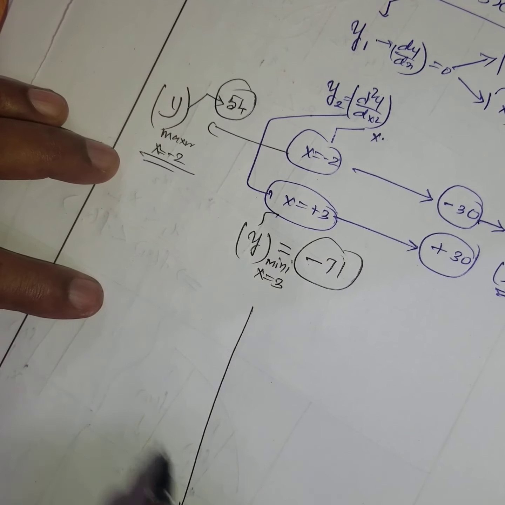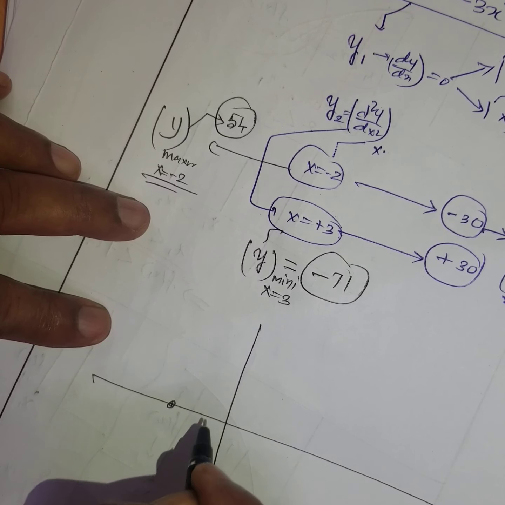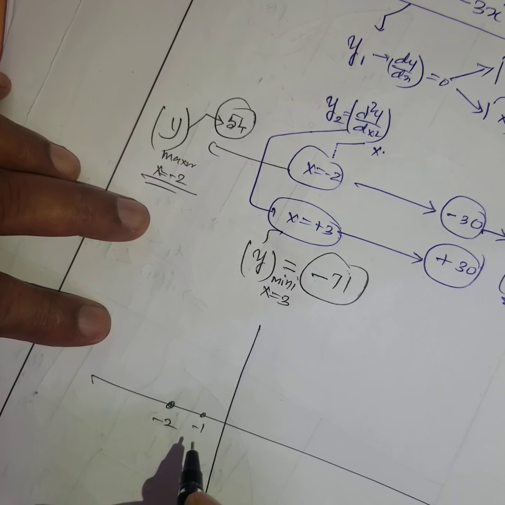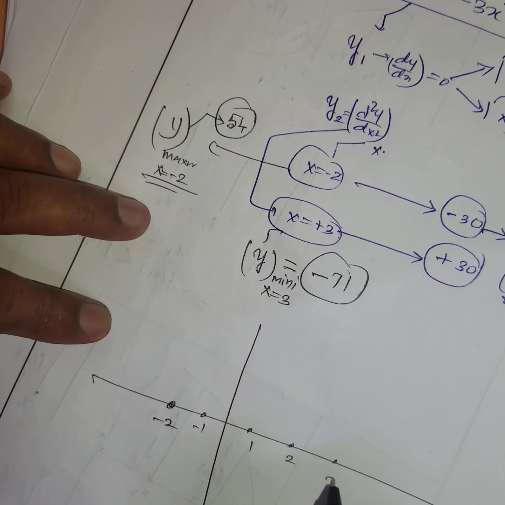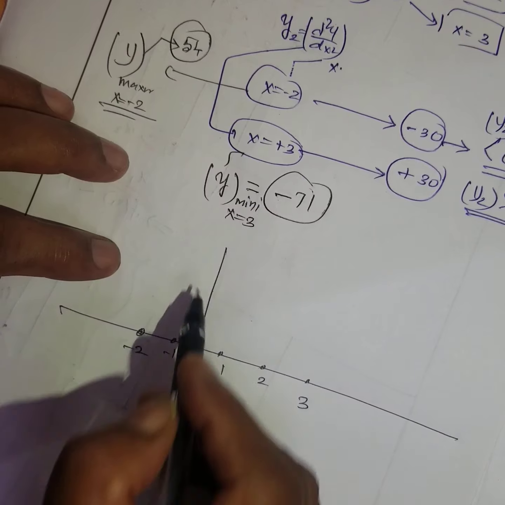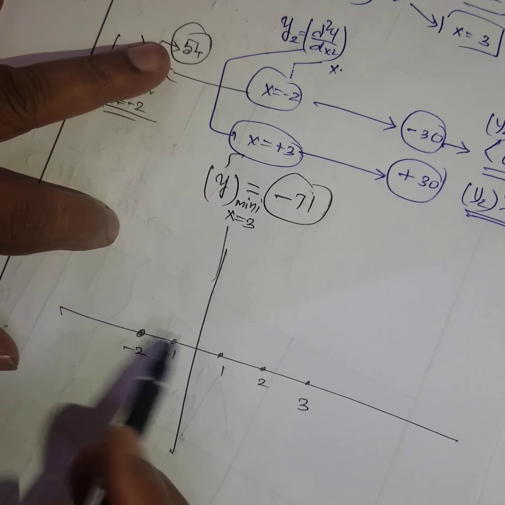If you draw the graph, how does this look? At x equal to minus 1, minus 2 and 1, 2 and 3, if I take it, the function at x equal to minus 2, what is the value? This is 54.